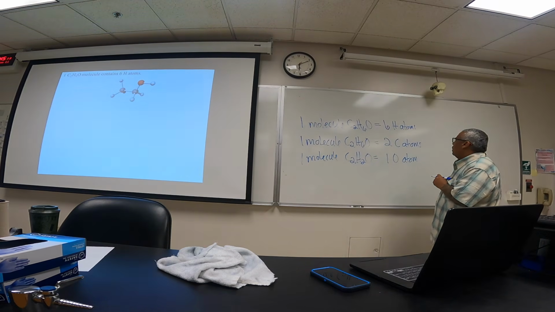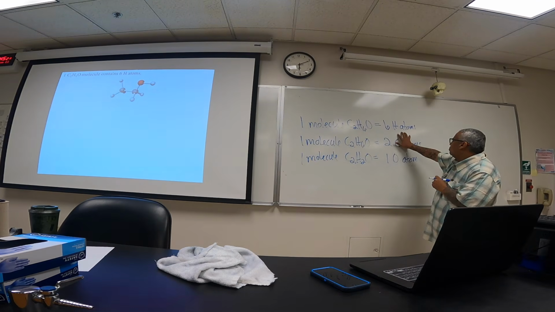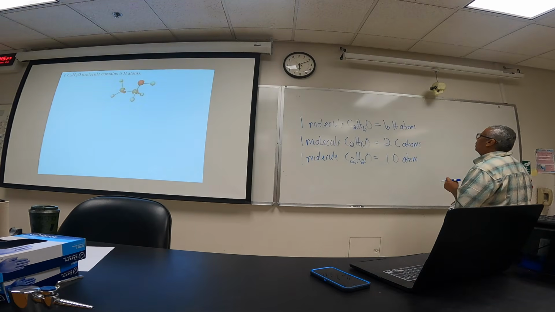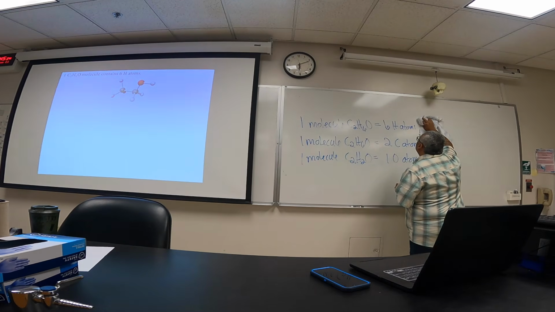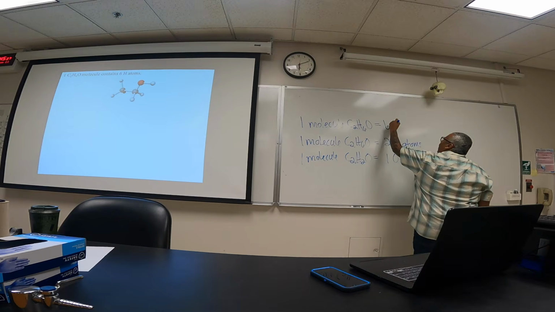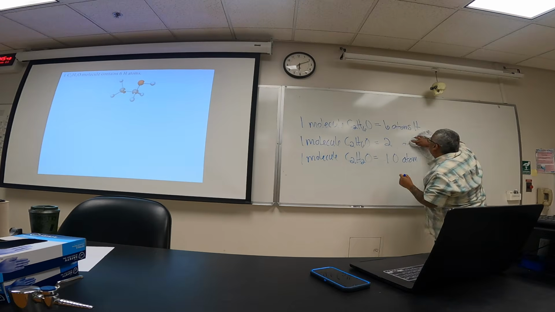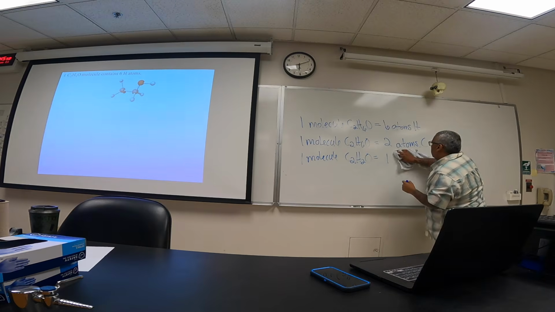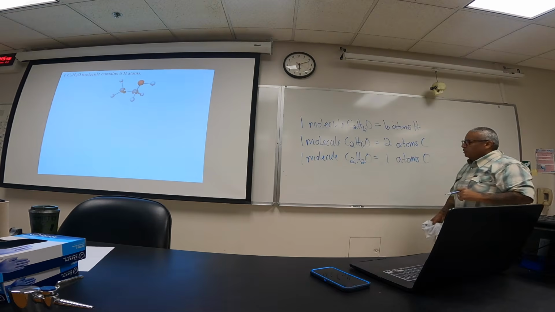I think I'm going to rewrite this. I think it might be understood better if I rearrange it. I'm putting 6 atoms of hydrogen, just rearranging these words to better understand this concept, because it kind of looked like 10 of oxygen.